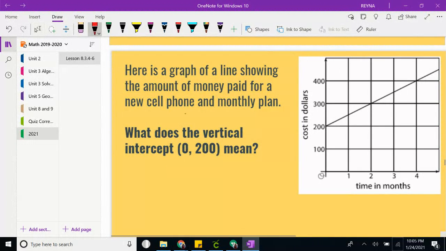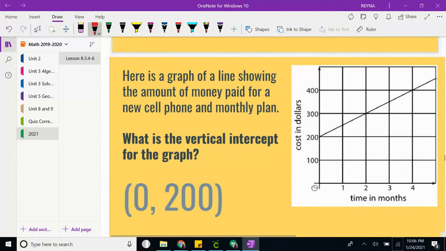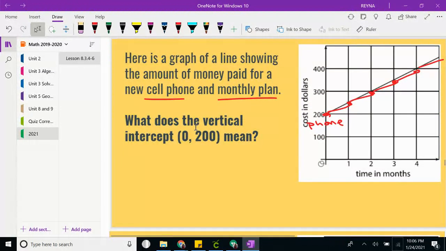Well, we know that they are paying for a cell phone and the monthly plan. So my guess is that $200 is what they're paying for the phone. And then this is how much they pay every month. So you only have to pay for a phone once, but you have to pay the bill for the phone each month.